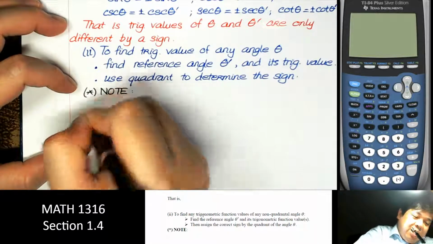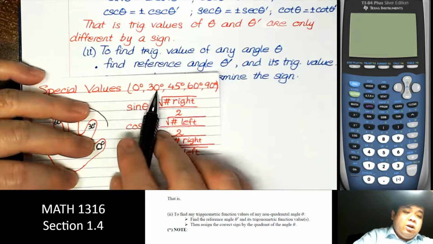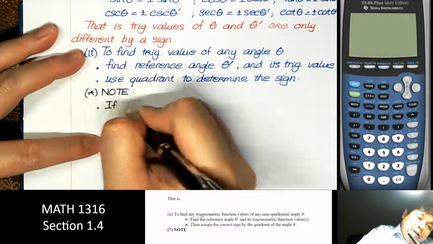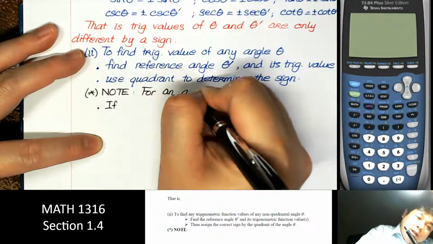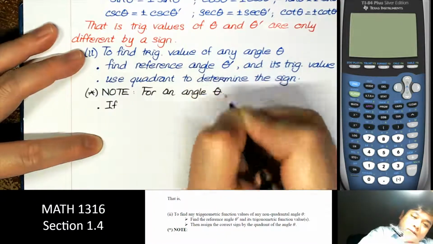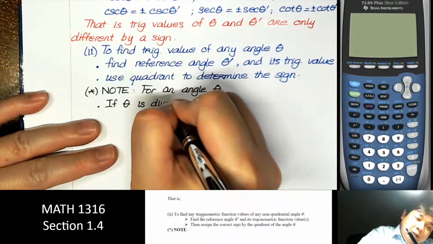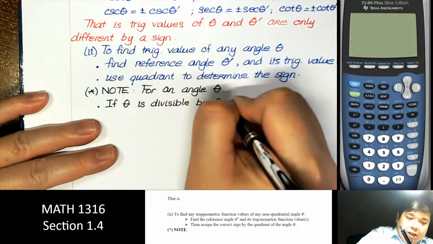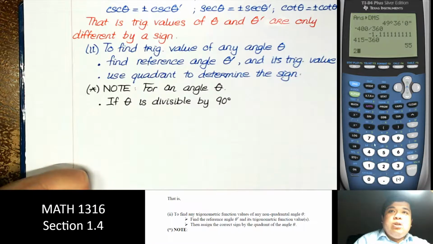So let's say, for an angle theta, if theta is divisible by 90, by divisible by, I mean, if we take an angle like 270, divide by 90, it will come out nice and even.